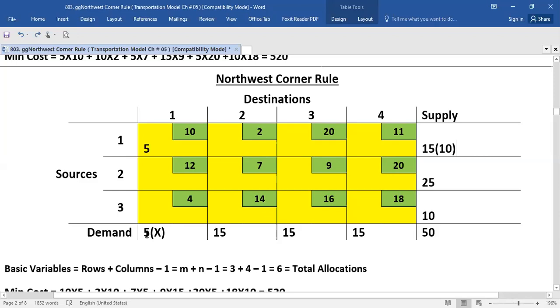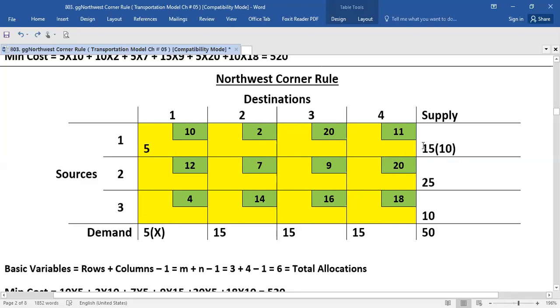In the first step you will allocate the value. In the second step you will see what is left in demand and what is left in supply. The remaining supply is 10 and there is nothing remaining in the demand. The demand is complete.